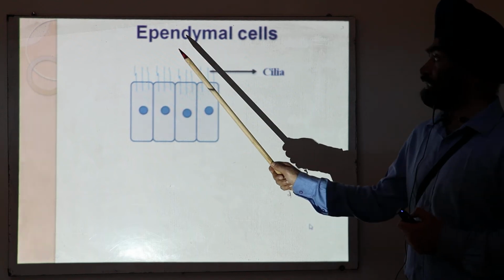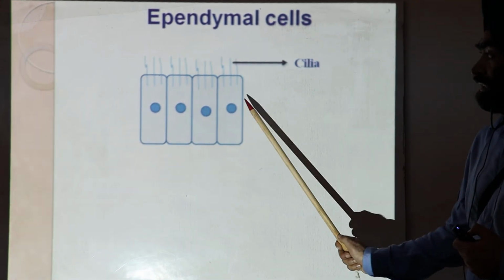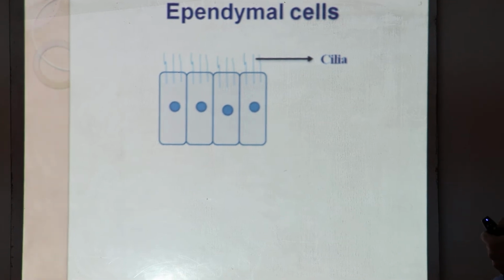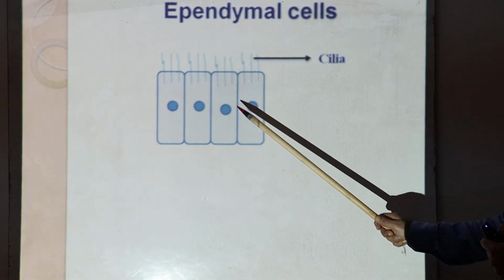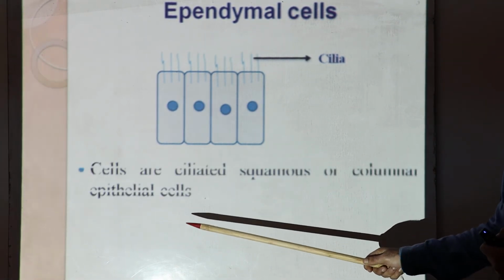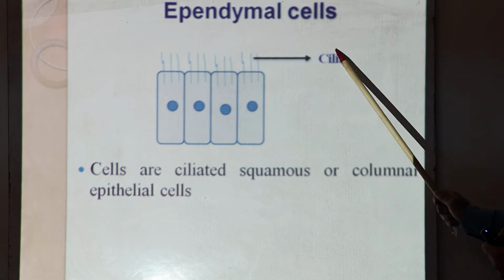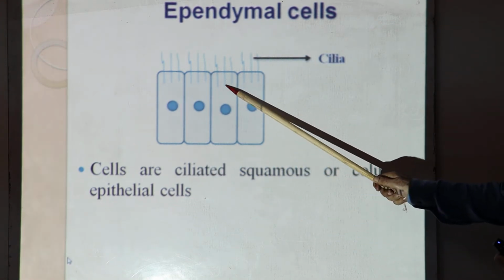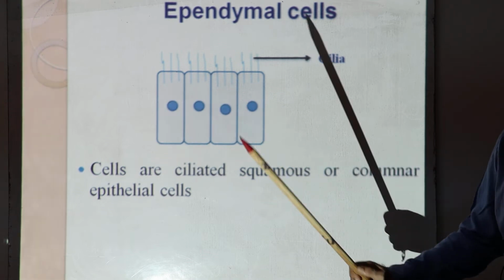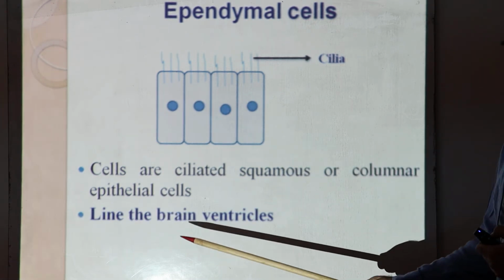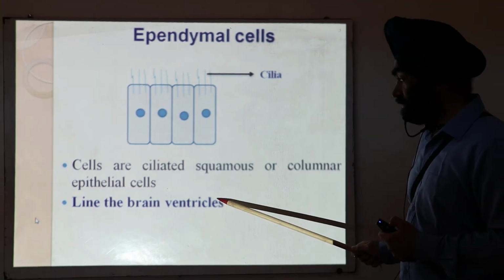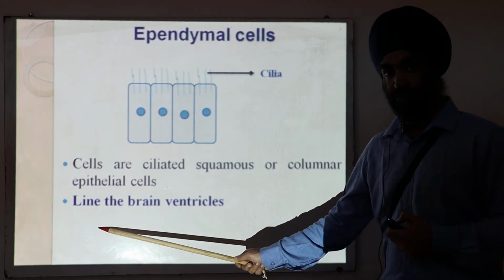Third, very important cells, ependymal cells. We will discuss these cells further also, but I am just discussing what these cells are. As you can see the shape, these are ciliated columnar epithelial cells. They line the brain ventricles. We will discuss all these topics one by one.